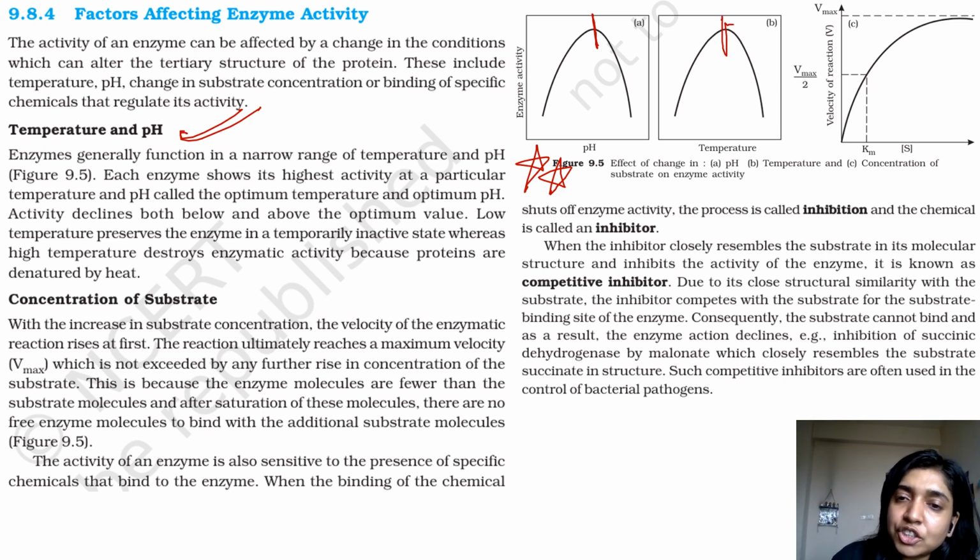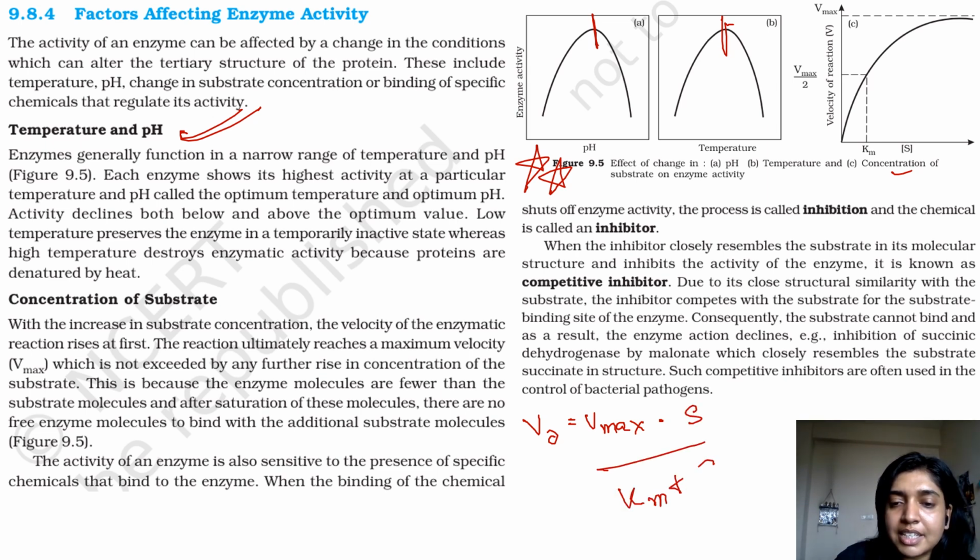A similar reaction is seen in the case of temperature, because if you increase or decrease the temperature too much, the tertiary structure of the protein will change. Okay, and concentration. This particular graph is important. It's known as your Michaelis-Menten graph. So I'll explain an equation: V0 = Vmax × S / (Km + S).